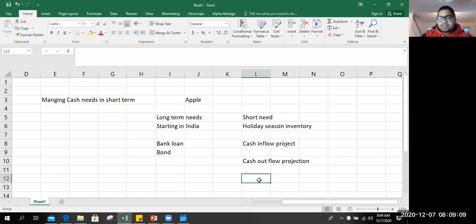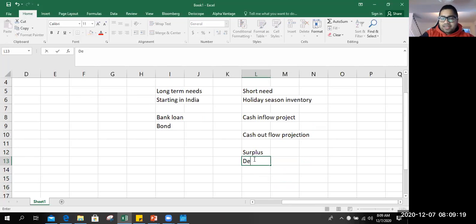And if there is a surplus, that is, if inflows are more than outflows, we'll invest this surplus. If there is a deficit, that is, outflows are more than inflows, then we'll borrow money from outside to fulfill our needs. So once again, short-term needs of a company are generally related to selling your product. So you need money to create inventories to meet the demand.